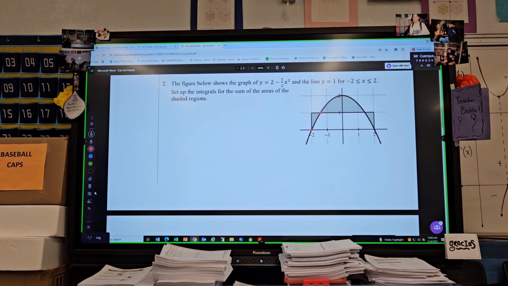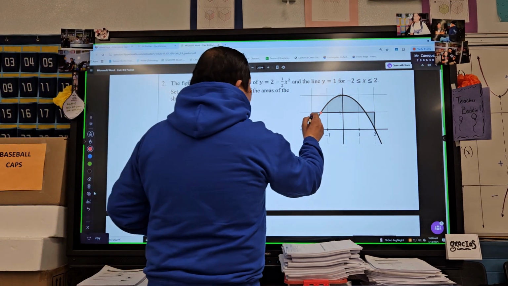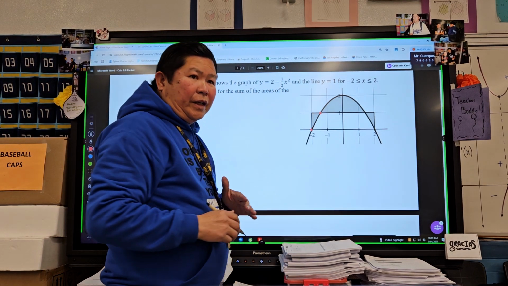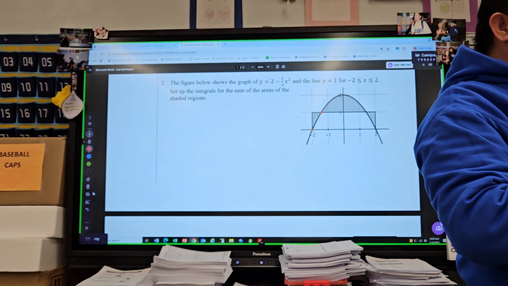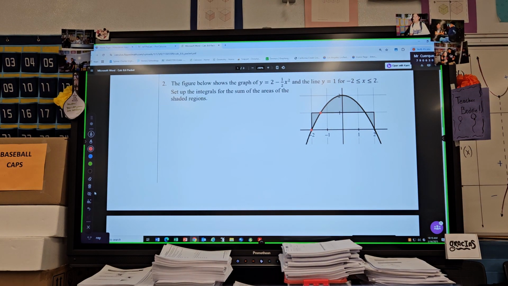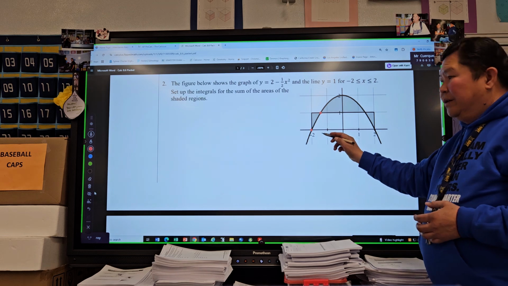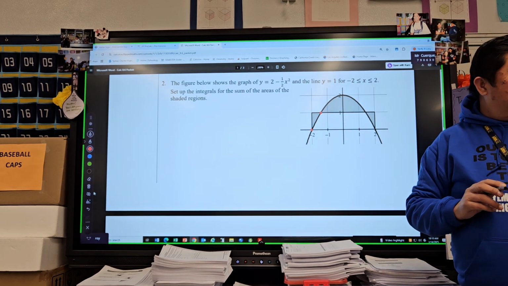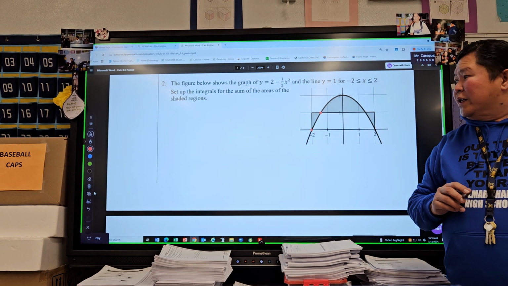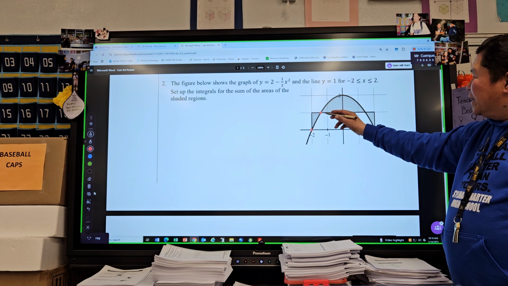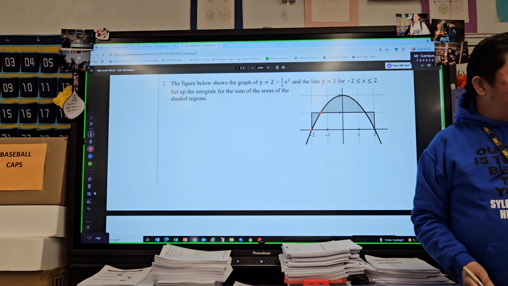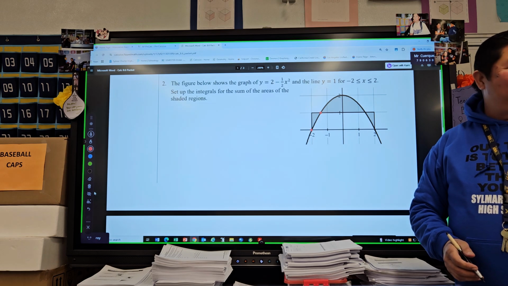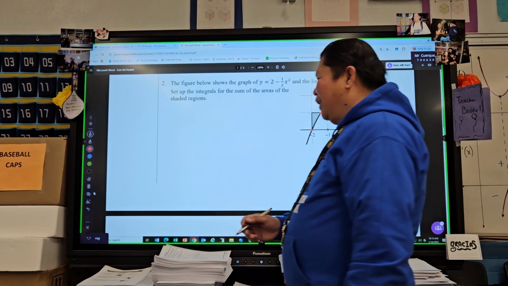From -2 all the way to here, the upper curve is y equals 1. That's the upper curve. And what is the lower curve in this case? The parabola, right? So, what color do you want for the parabola? Green. Okay.